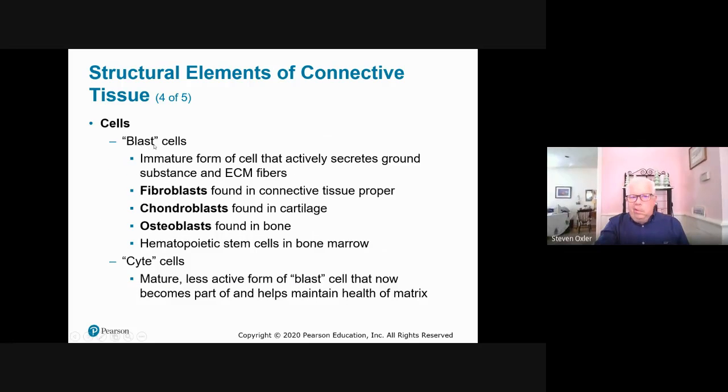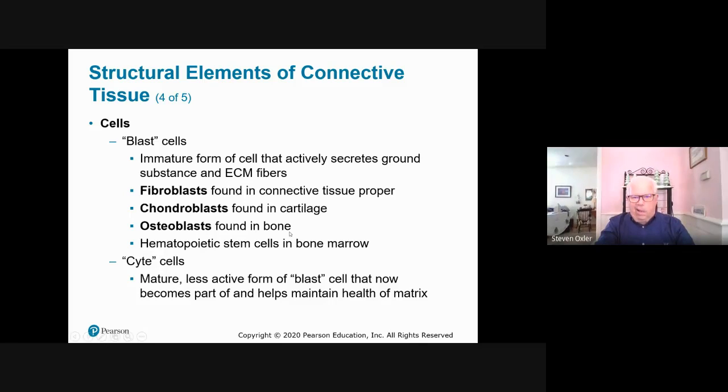Here's the word, the cells. Here's the word blast. Whenever you see that word, it means these cells make the substance that we're talking about. Fibroblasts make connective tissue. Chondroblasts make cartilage.